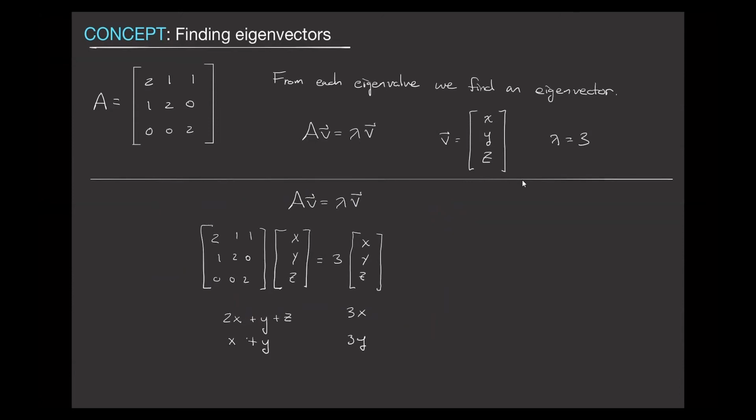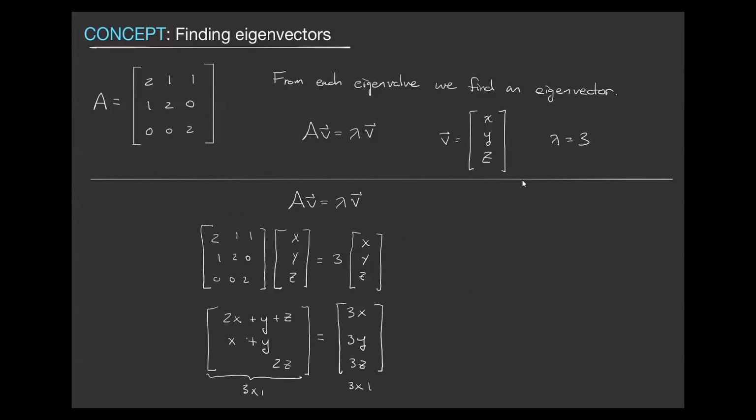Then we've got, let's say, 2z and 3z. So what that gives us is this matrix, which is a vector. It's just a 3 by 1 matrix, 3 rows, 1 column. And then over here, of course, since it's equal, we also have a 3 by 1 matrix, 3 rows, 1 column.